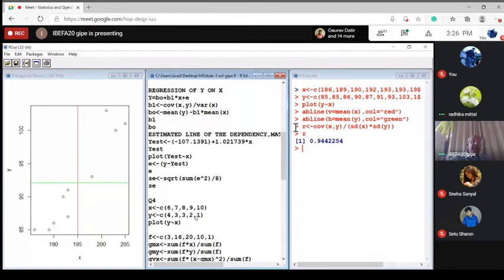Which means if I join the points, they are not a line. But if I draw a hypothetical line, points are either above the line or below the line.